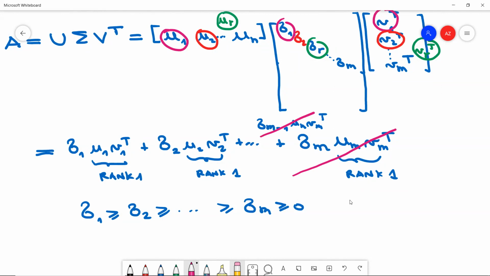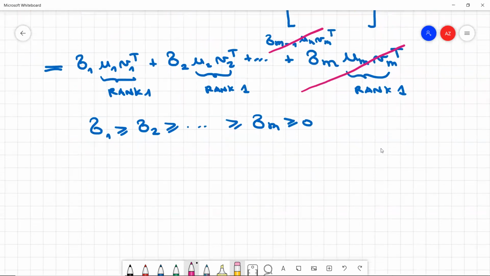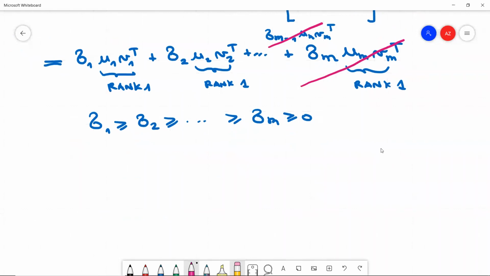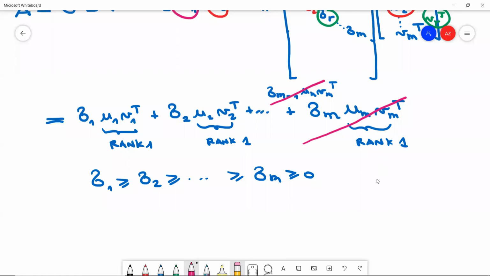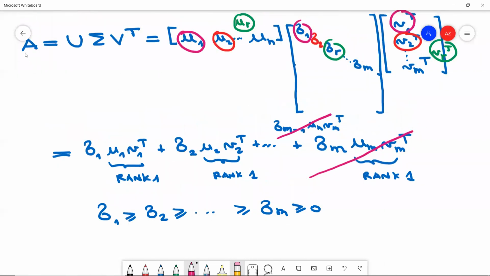So we want to forget about those singular values that are much smaller than all the other singular values and don't change A a lot. And it really turns out that if we do this, we get the best possible approximation for A if you allow a certain rank of matrices.